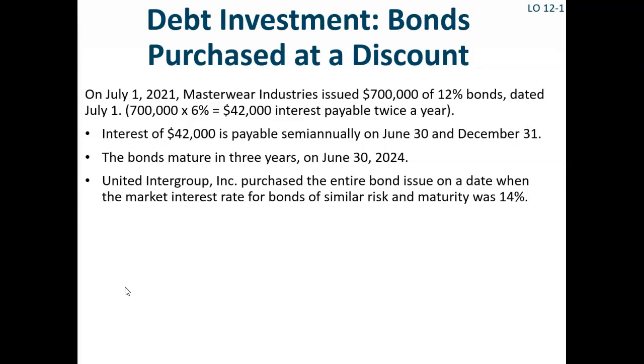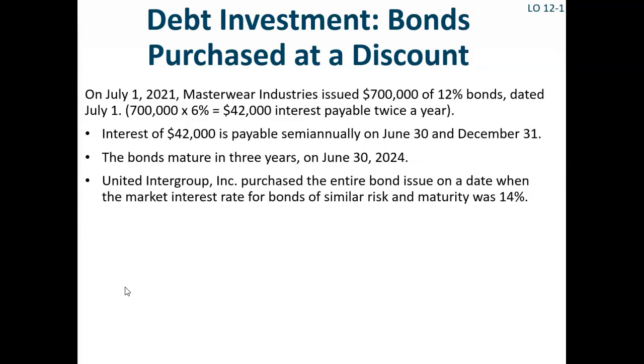On July 1st, 2021, Masterware Industries issued $700,000 of 12% bonds dated July 1st. Interest of $42,000 is payable semi-annually on June 30th and December 31st.